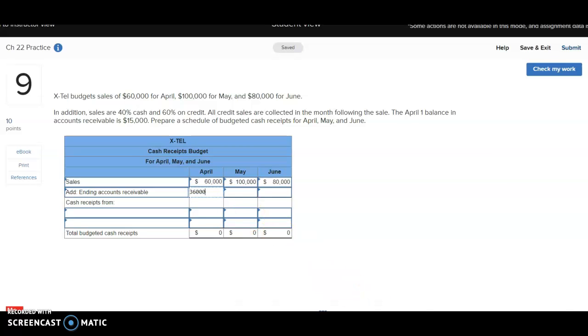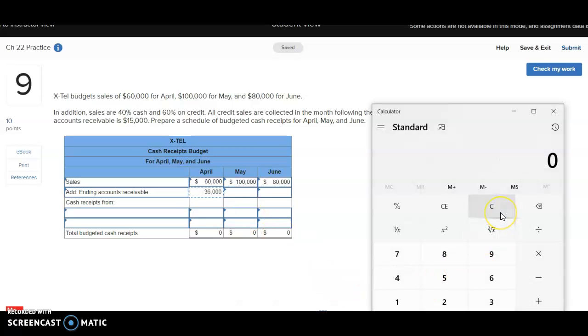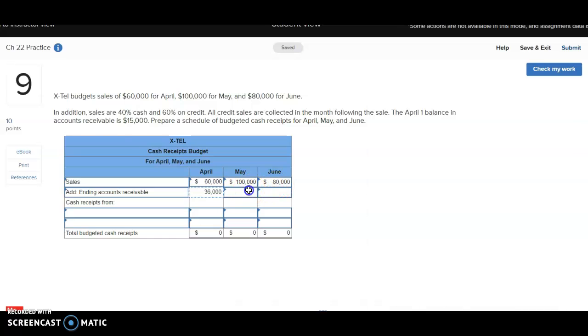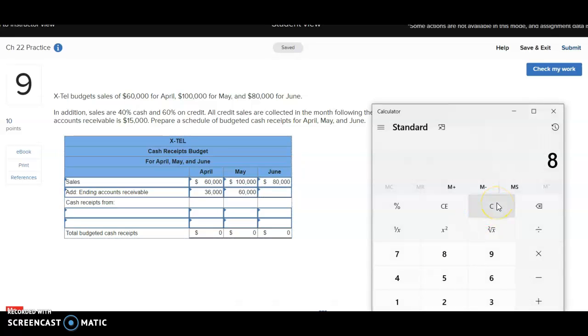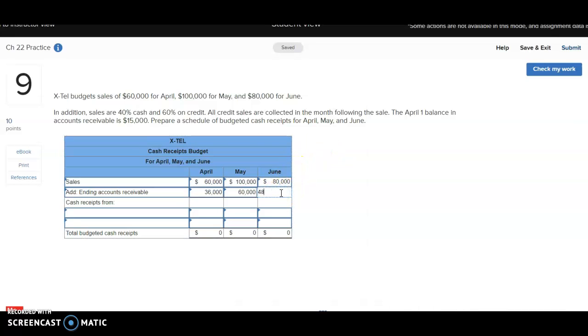We're going to do the same for all three. 60% times 100,000 for May, we get 60,000. And then for June, we're taking 80,000 times 60%, and we're getting 48,000. So that's our part that we expect to be in accounts receivable.